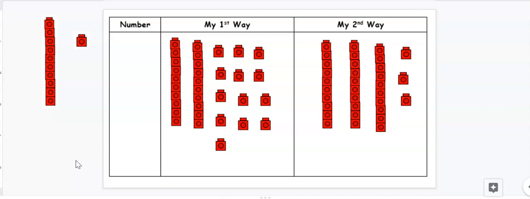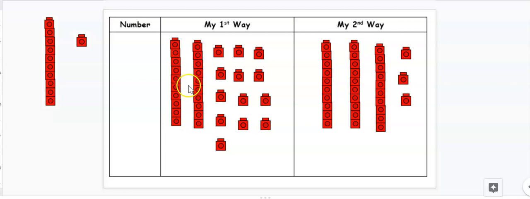Okay, now we have some numbers built here, but we've got to figure out what that number is. And this number is built two different ways. So let's look at the first way that this number is built. Okay, let's see if we can find out what this number is. Okay, remember that this rod here is 10 together.